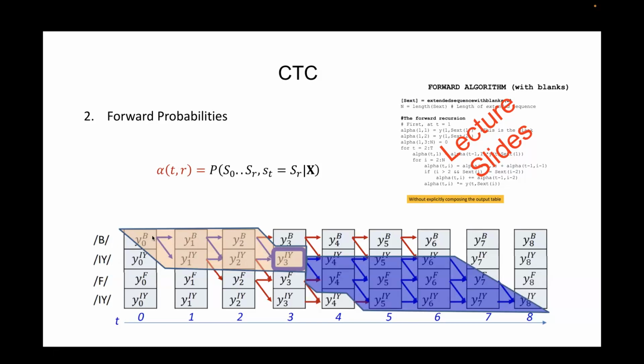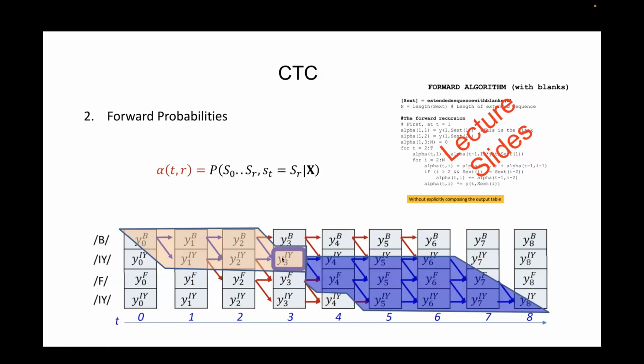So you sum across all the possible scenarios and then you reach alpha TR. That is how you calculate the forward probabilities, and the actual algorithm that we use with the blank arrays that we just saw can be found in the lecture slides, and that should be helpful in implementing them.